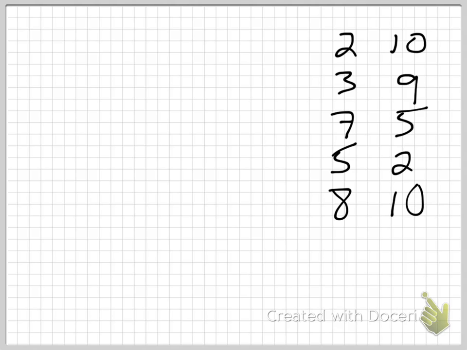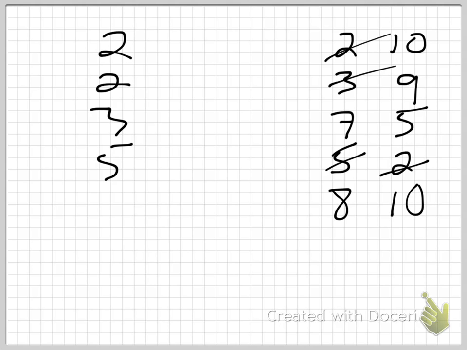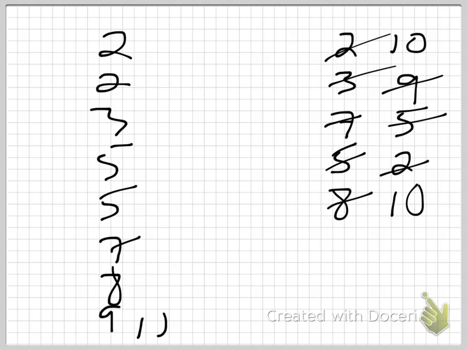Okay, here's our data now. What do we got? Let's line them up. 2, 2, 2, 2, 3, 3, 5, 5, 5, 5, 7, 7, 8, 8, 9, 9, 10, 10, and 10, 10. Agreed?